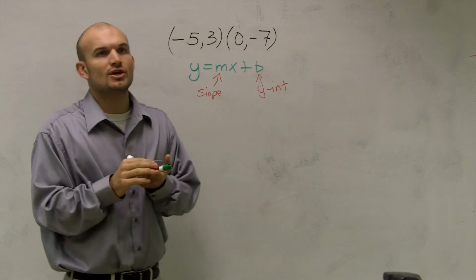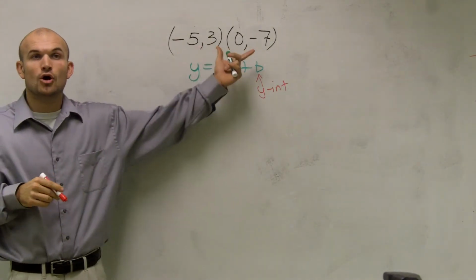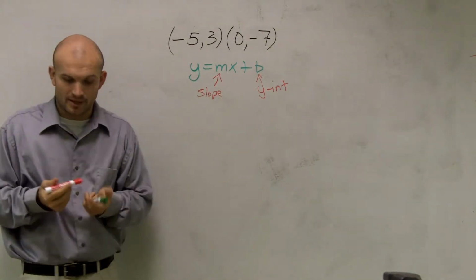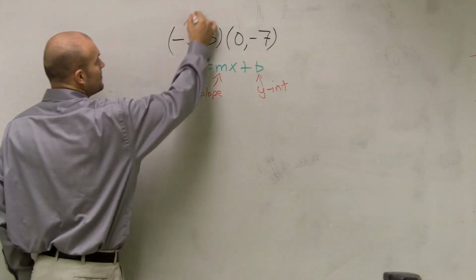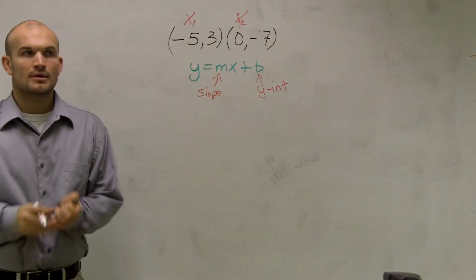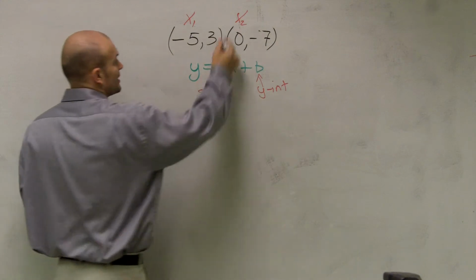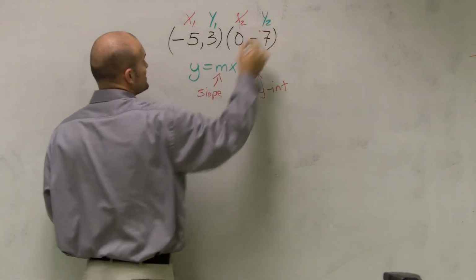So to find the slope, we can go back to our slope formula. What I'd like you to do for all your points that you wrote down is label them x1, x2, and then label your y1, y2.